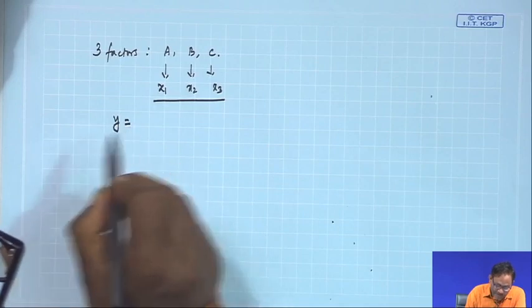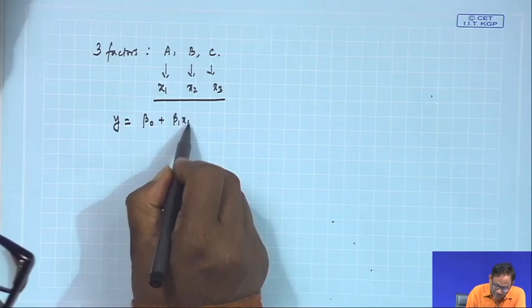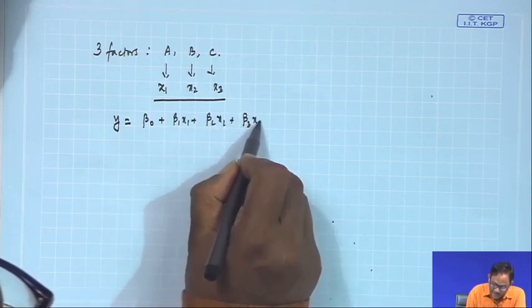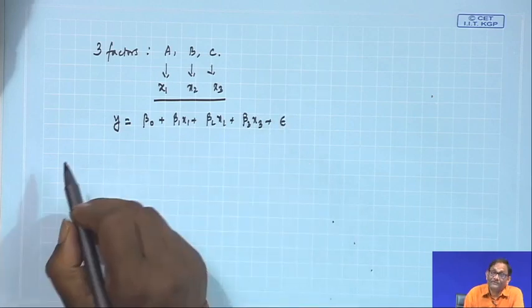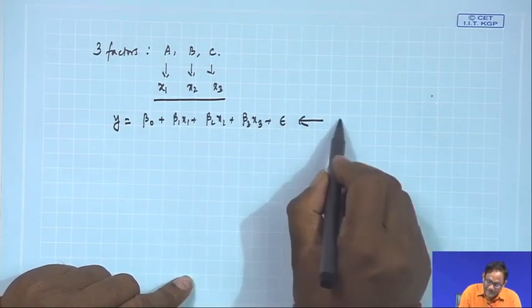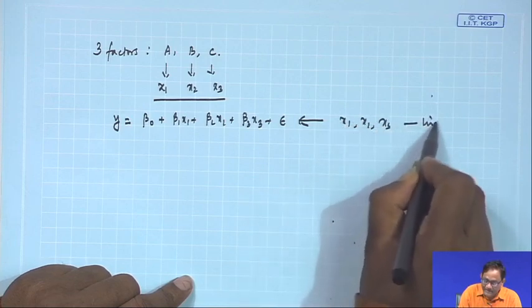So I can write the linear regression like this: beta 0 + beta 1 x 1 + beta 2 x 2 + beta 3 x 3 + epsilon. This is also an MLR, but here x 1, x 2, x 3 are independent.